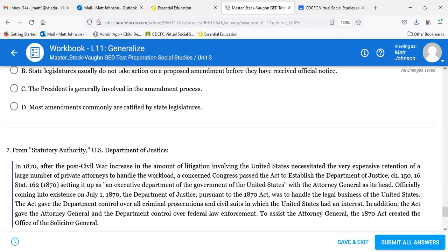Officially coming into existence on July 1st, 1870, the Department of Justice, pursuant to the 1870 Act, was to handle the legal business of the United States.